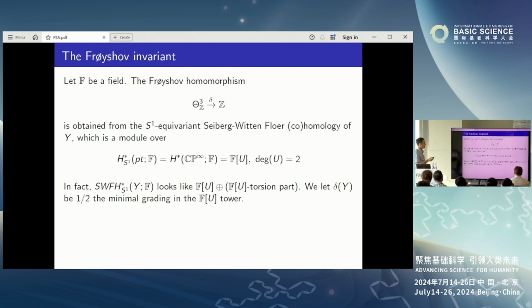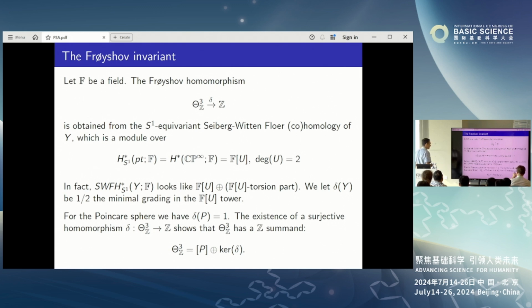Just like Rokhlin was giving you a homomorphism to Z/2. Once you have a homomorphism, you need some element that maps non-trivially. If it's 0, it doesn't help, but you can compute it for the Poincaré sphere, and you get that it has value 1. Therefore, it's an epimorphism.